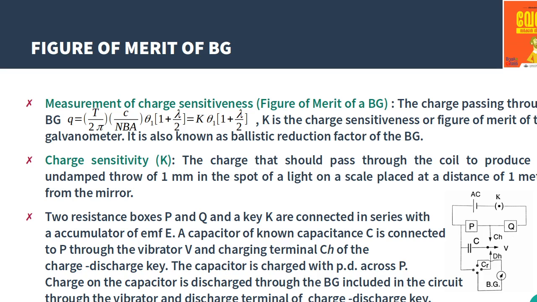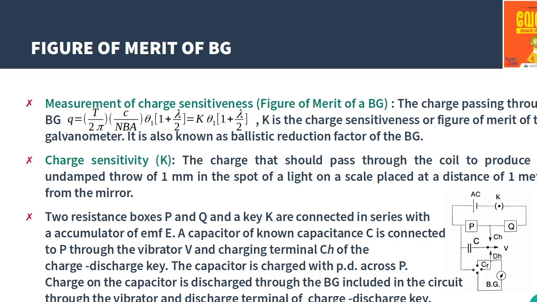That K means how much charge should pass through the coil, the galvanometer coil, to produce an undamped throw of 1 mm in the spot of light on a scale placed at a distance of 1 meter from the mirror. It is the same as our current sensitivity. What is current sensitivity?